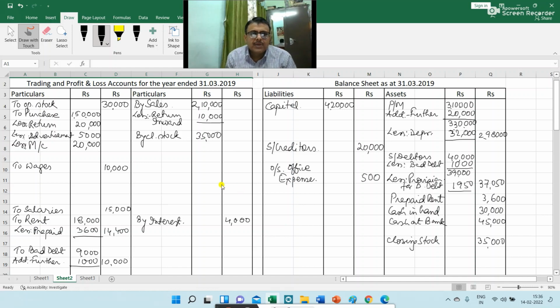Now it's the time to close the accounts. I have recorded this 35,000 of the closing stock in the inner column. I need to write it in the outer column. So closing stock 35,000. Your actual sales is rupees 2 lakh, and your purchase amount 1,50,000, and I have reduced this 45,000. So your purchase is 1,05,000.